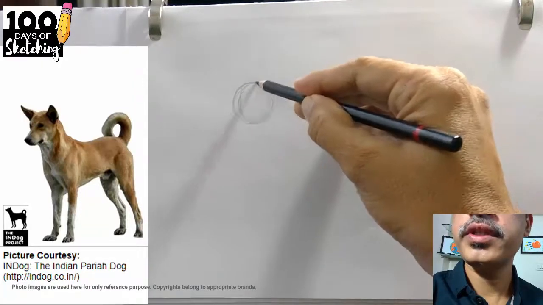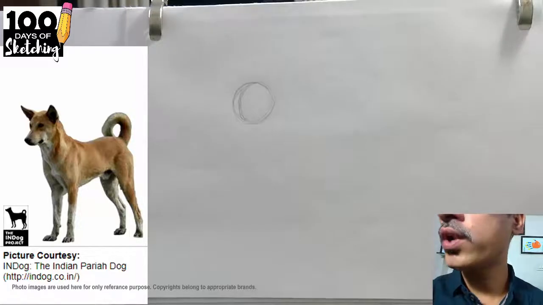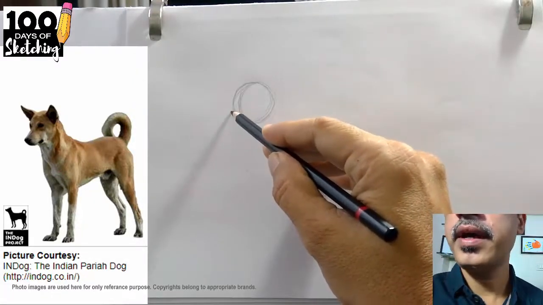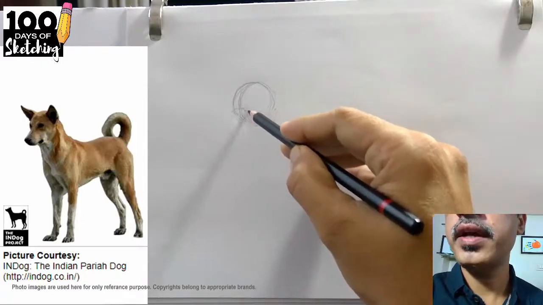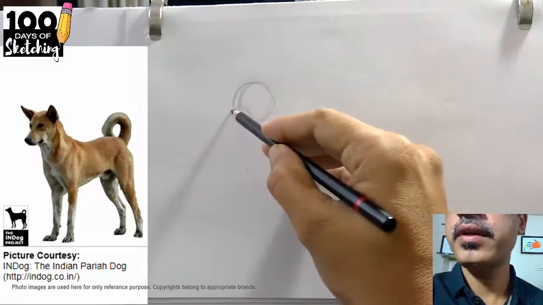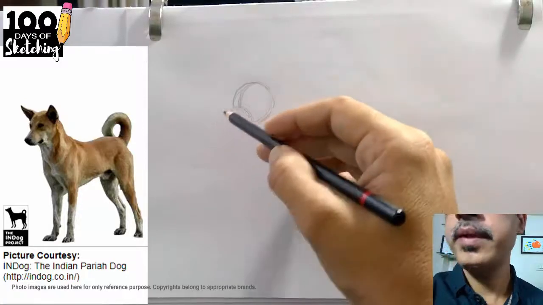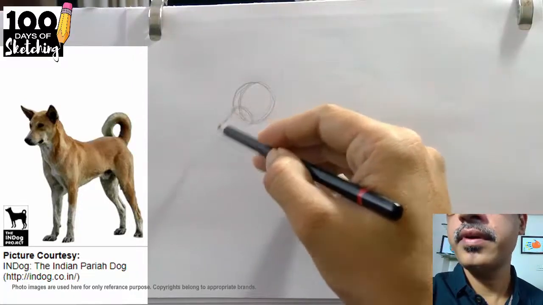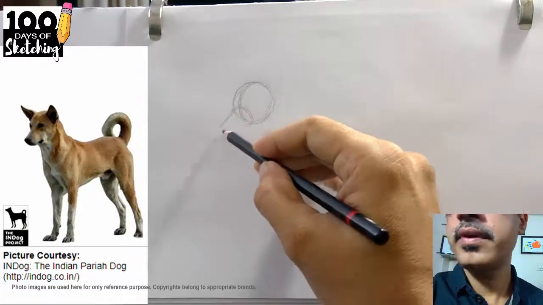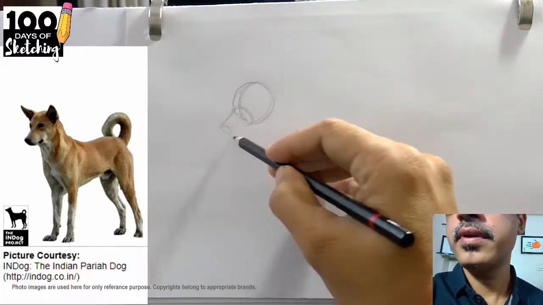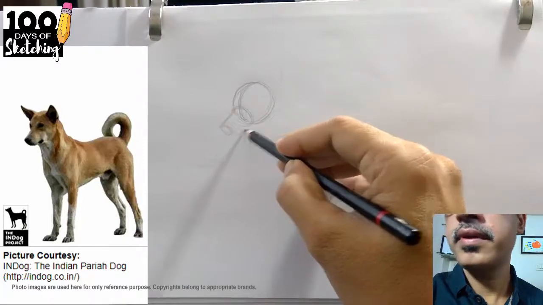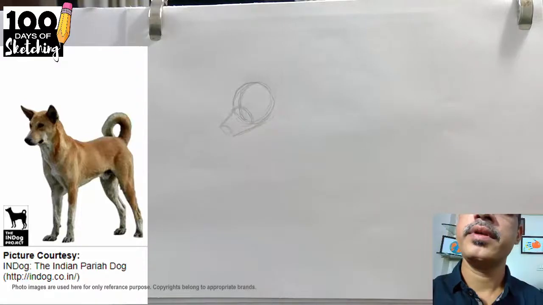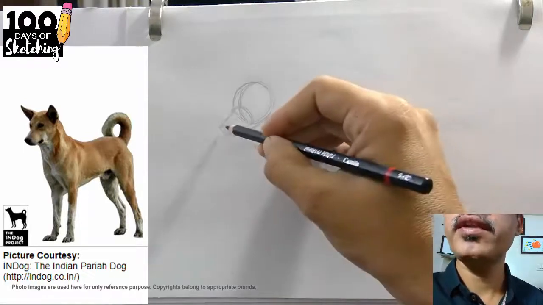So this is what the contour line should be, and here I attach one more shape, sort of a cylindrical form, as you can see here.